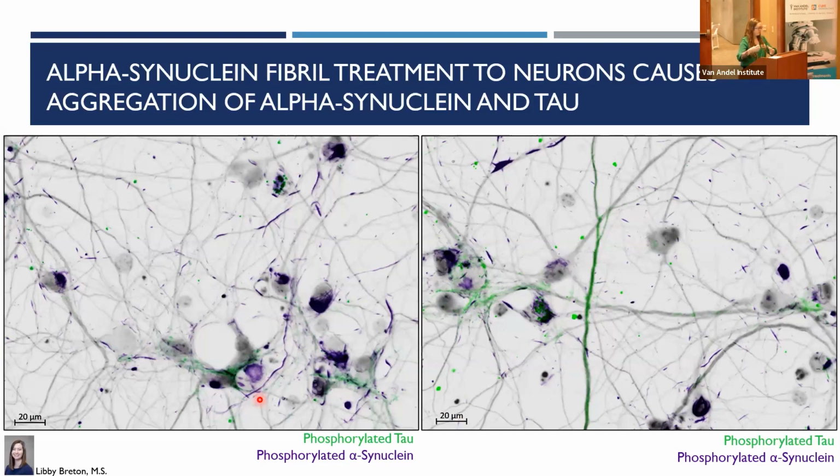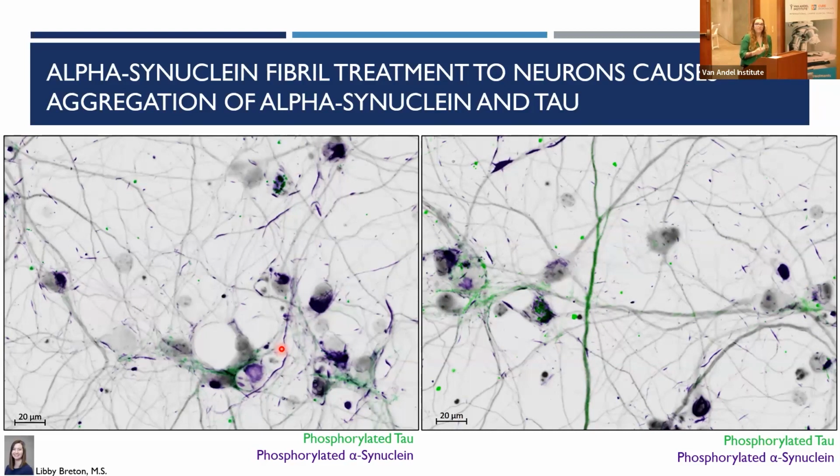So they took it up from the environment, and it caused the normal alpha-synuclein protein to become toxic in these cells. And that's shown in purple. And you can see all these aggregates throughout the cells, both within the cell bodies, which would be similar to what we would call a Lewy body, and then in the axons, like a Lewy neurite.